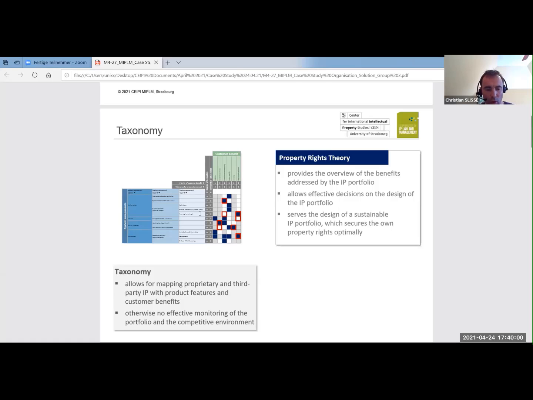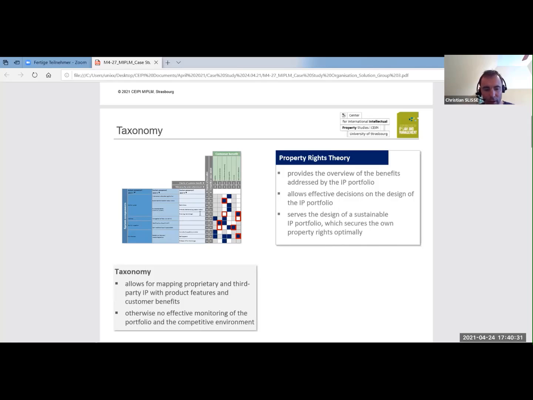It is also a great tool to facilitate strategy and decision-making on how to design the IP portfolio, for example, to drop some rights which do not really relate to key customer benefits, but also to identify hotspots where competition might be ahead of us, or where you see that there is potential to precede competition on key customer benefits.